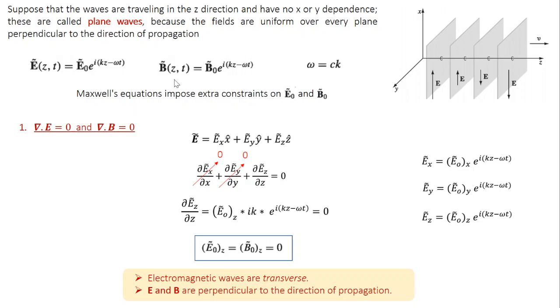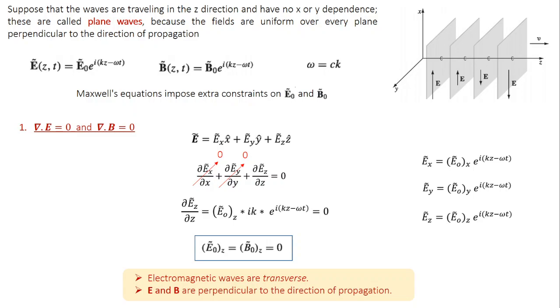Same way, B complex Z equal to B naught complex e to the power i kz minus omega t. And the frequency omega is related to the propagation constant k through the relation omega equal to c into k, where c is the speed of light in vacuum.